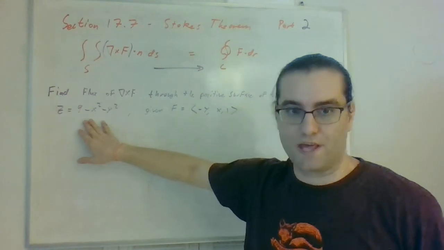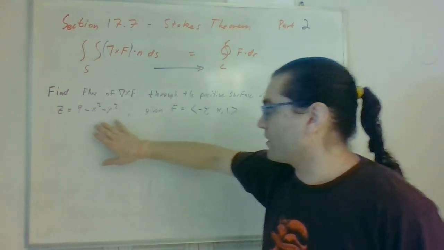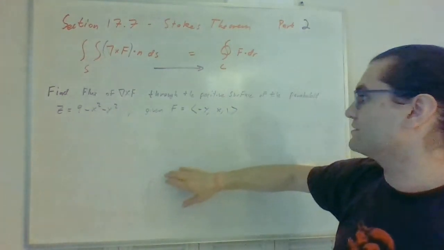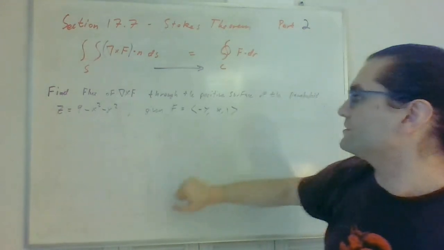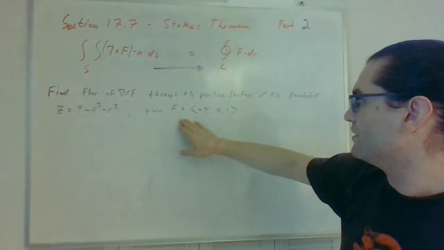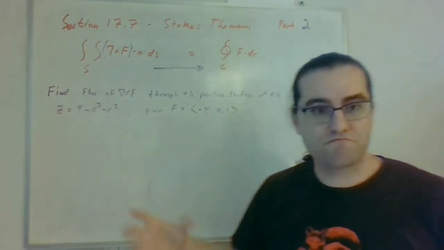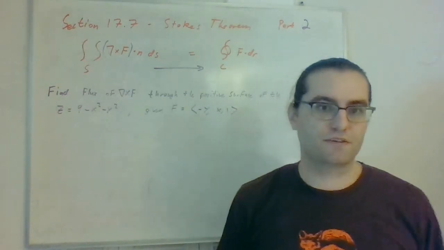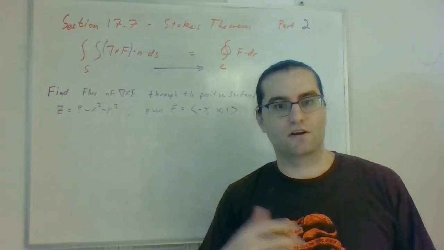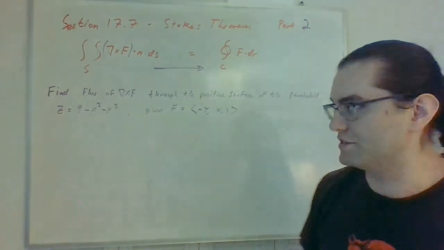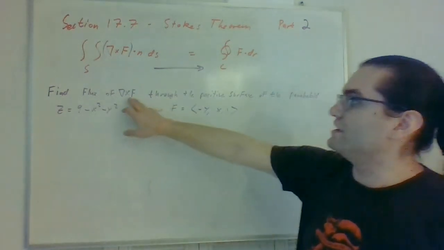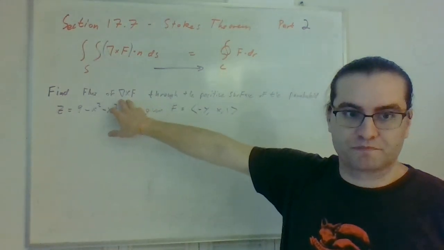We would represent that with n. We would take the dot product of all the vectors normal to this surface and the curl of this vector field. We would do that, and then we would integrate that twice across the bounds from our parameterization. That would be the flux integral version of this.